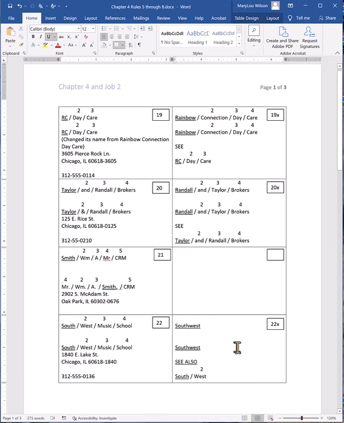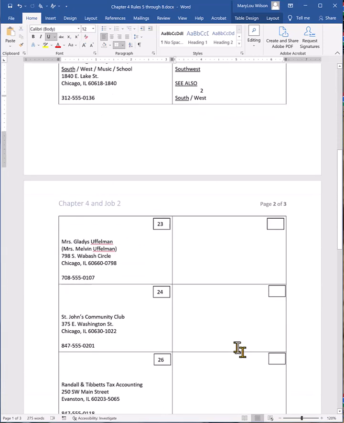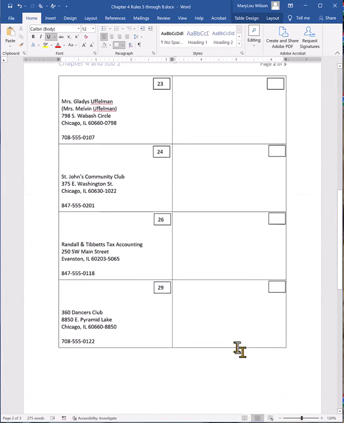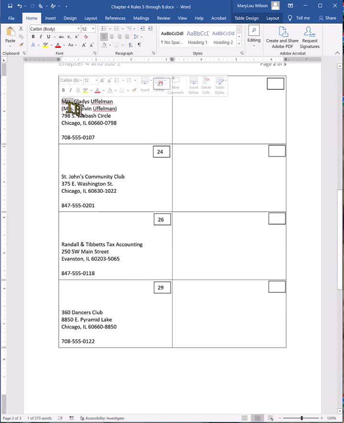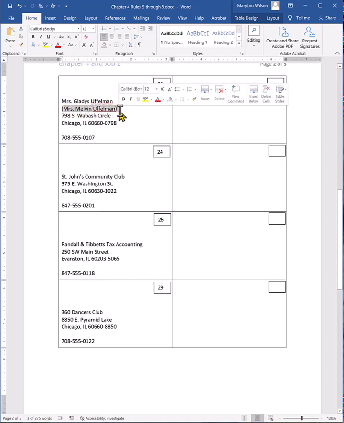Now, let's keep going. I'm going to go down to record number 23. Record number 23 is going to be an example of rule number 5, which is titles and suffixes, because we've got Mrs. in here as a title, but it's also alternative names, which is cross-referencing rule 3.